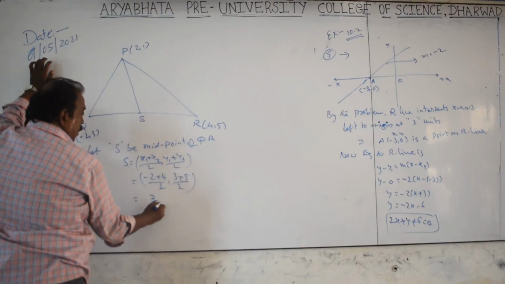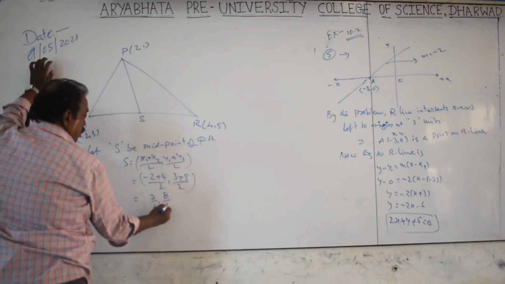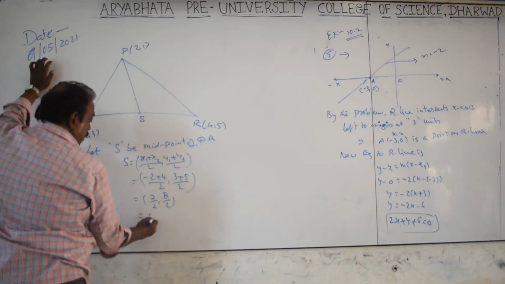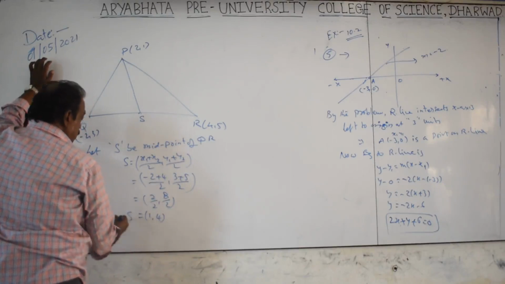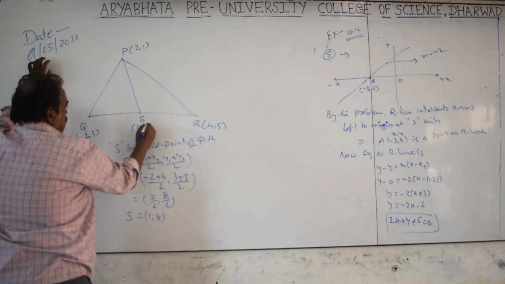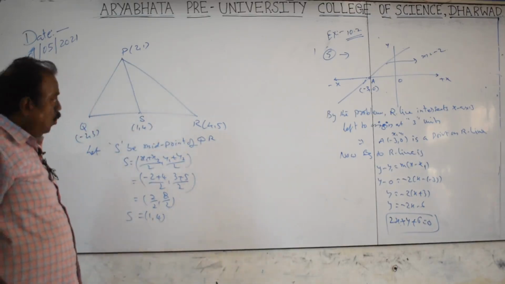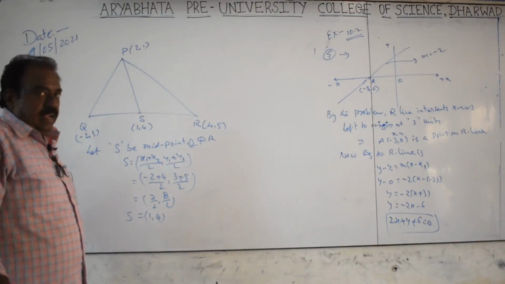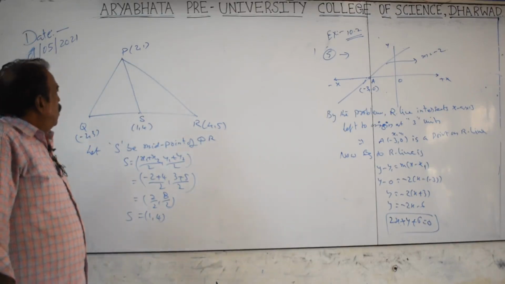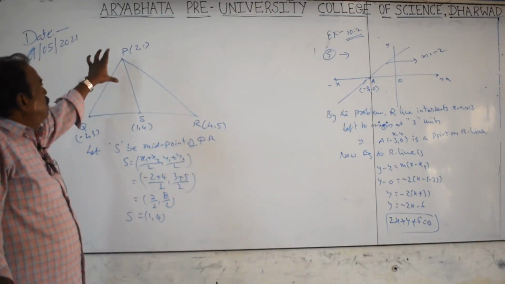It is 2 by 2, it is 8 by 2. So 1 comma 4. So 1 comma 4 is the midpoint of the side QR. It is needed, it is not asked. We have to find the equation of the median.